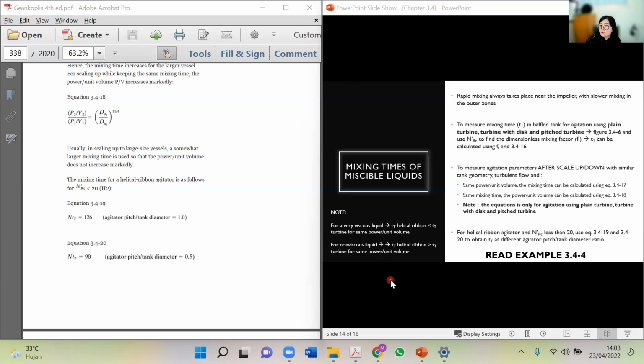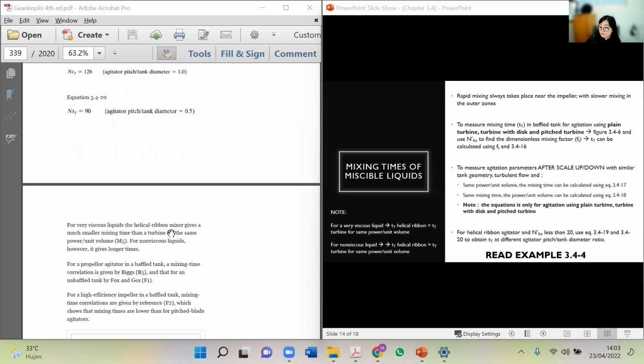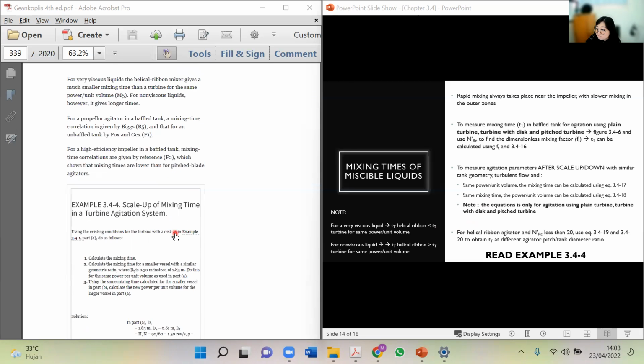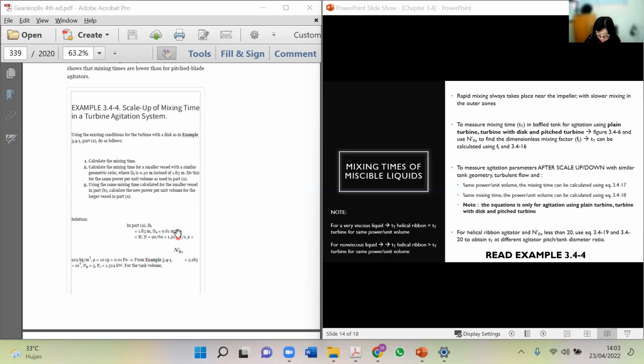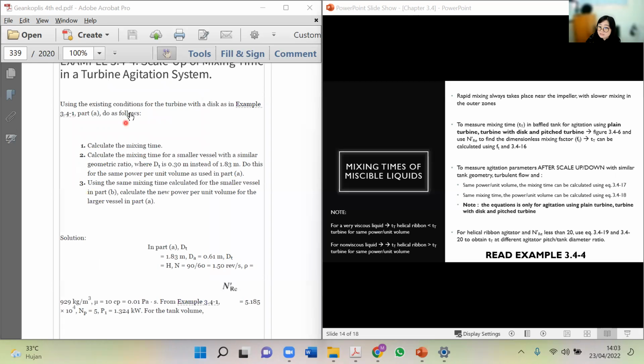Okay, now we will go to example 3.4-4, so I will scroll down. Using the existing conditions for the turbine with a disk in example 3.4-1 part A, we have to find the mixing time, and then the mixing time after it is scaled down to a smaller vessel at the same power per unit volume.